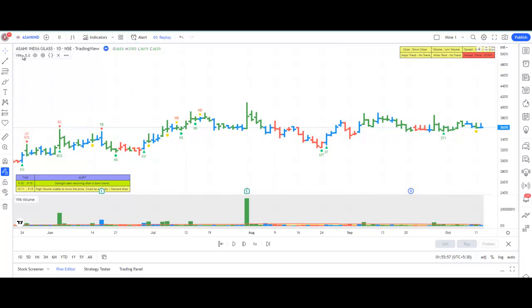I have the chart of Asahi India Glass. It's a daily chart, and as usual I will be using the replay mode for better illustration. So this is a daily chart and our chart starts from the 12th of October 2021. So let us see how the prices play out.